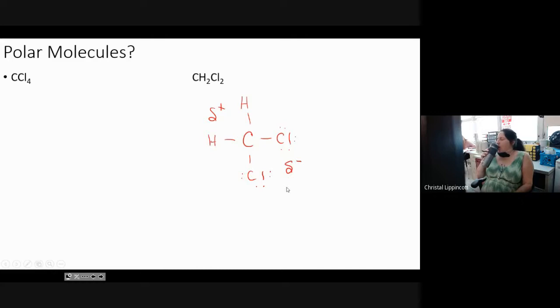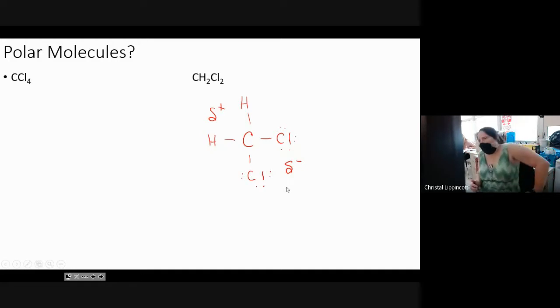Yes, sir. In the same circumstance, like with carbon, but it was two elements that were very, very close in electronegativity, would it still be not polar? It would probably be non-polar, but it's still going to have a little bit of a polar tendency, like a slight polar characteristic.